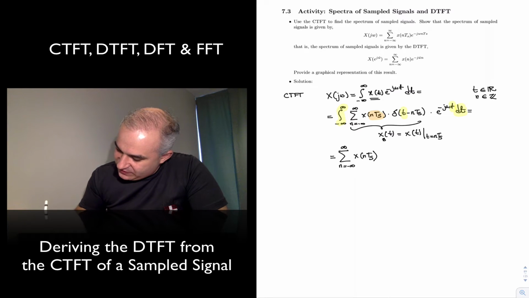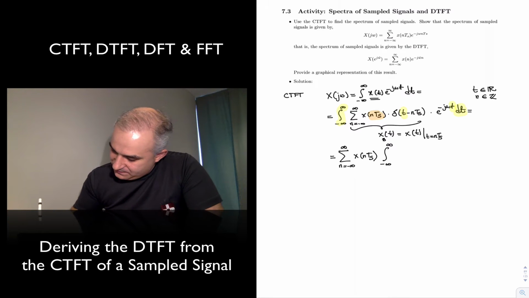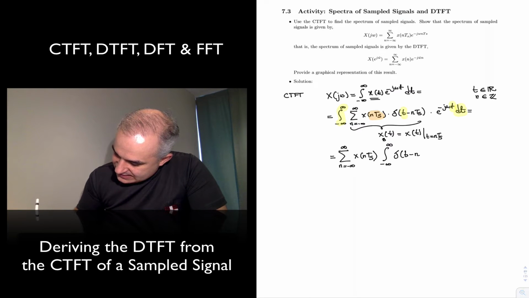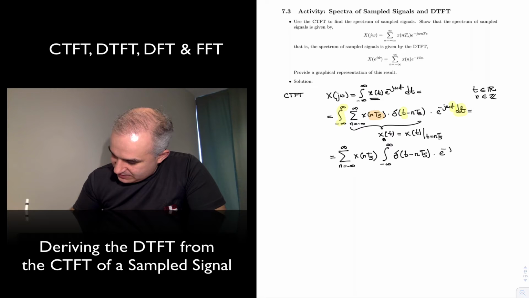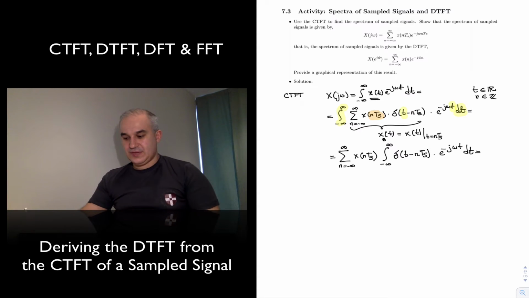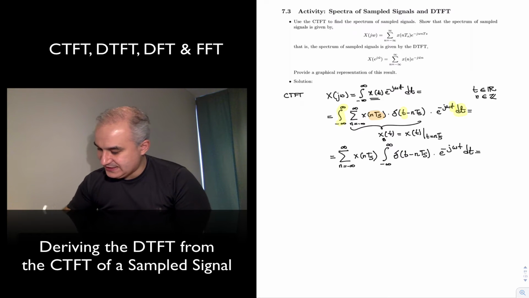So I take that out of the integral from minus infinity to infinity of delta of t minus nTs, that's our Dirac delta, times e to the minus j omega t dt. And so all we have to do is to compute this integral here.